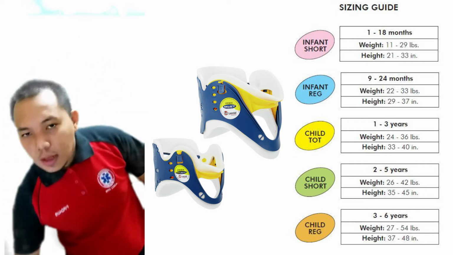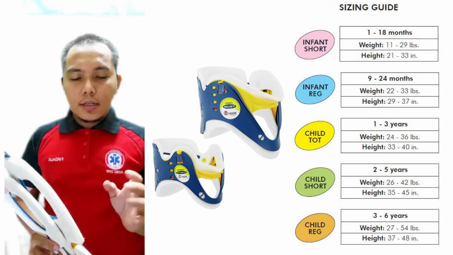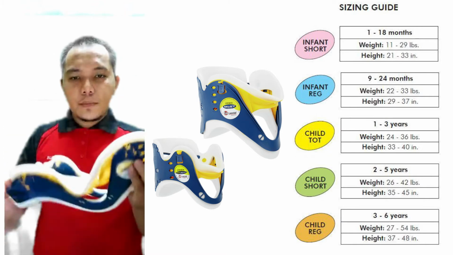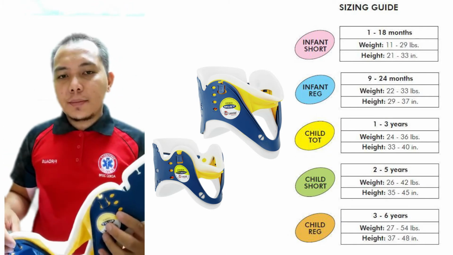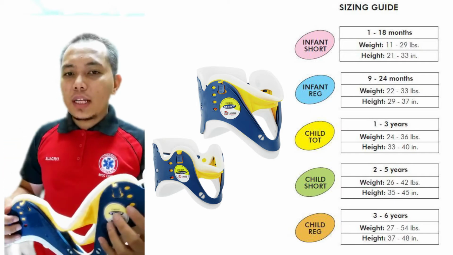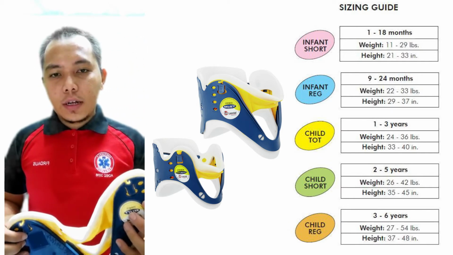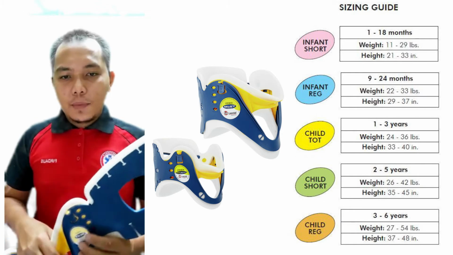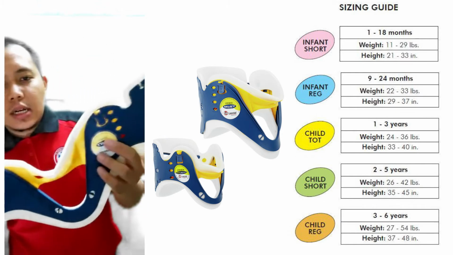Then how about the adjustable? The adjustable does not need color to indicate the measurement. So what is the specialty of the adjustable?